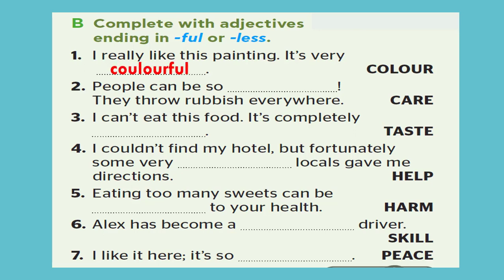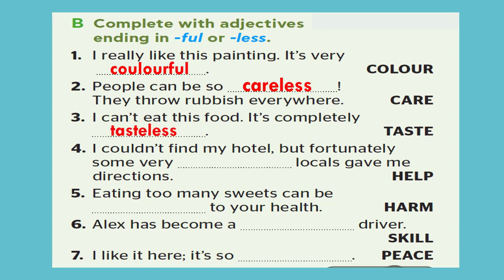Number 2, people can be so careless they throw rubbish everywhere. So here is a negative meaning, so care becomes careless. Number 3, I can't eat this food. It's completely tasteless. Once again, we have a negative meaning, so taste becomes tasteless.